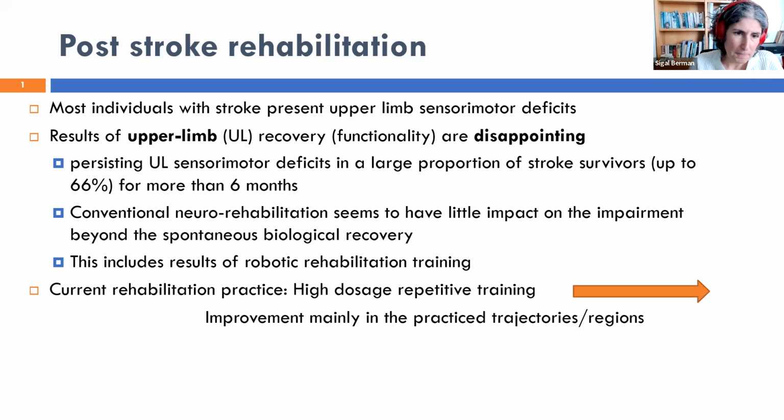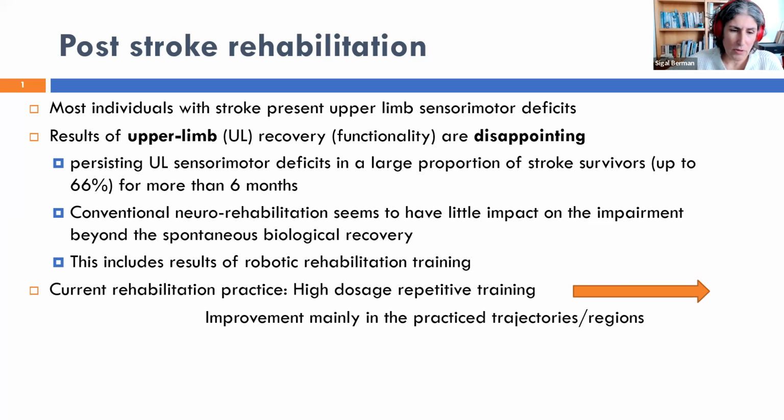And so rehabilitation treatment today is disappointing in that effect. And actually there's even questions regarding whether rehabilitation treatment improves more than would have been improved with the spontaneous biological recovery.